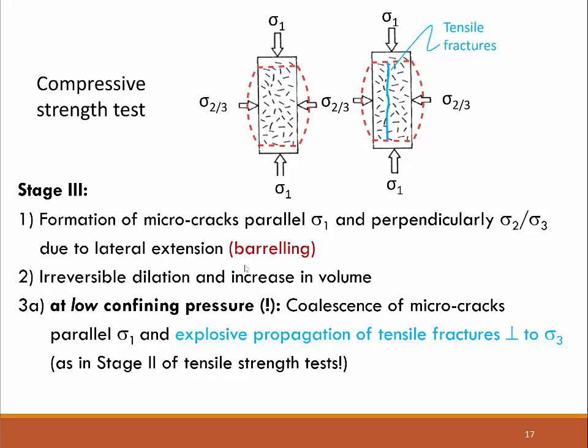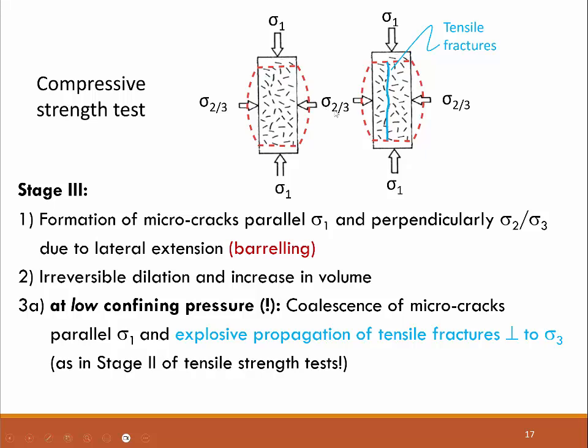And that is then the transition to stage 3, the formation of microfractures parallel to sigma 1 and perpendicular to the confining stresses. That might lead to an irreversible dilation and to an increase in volume.